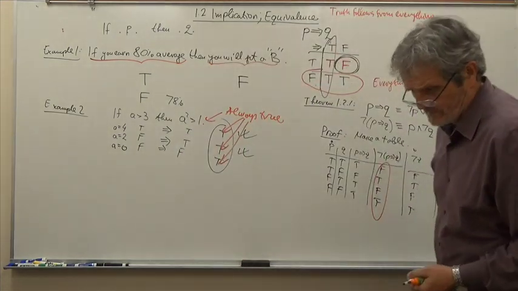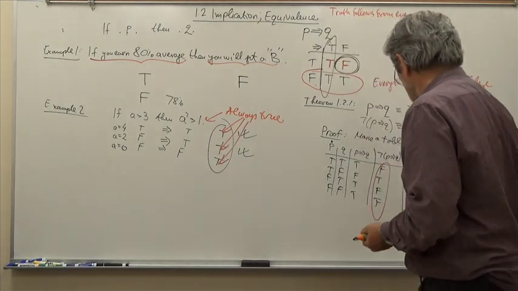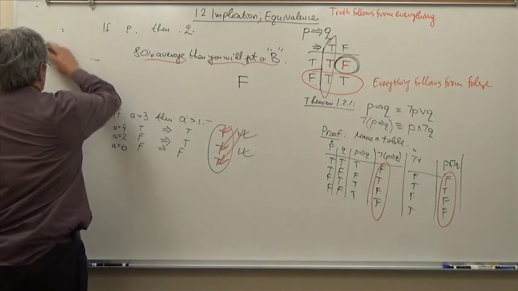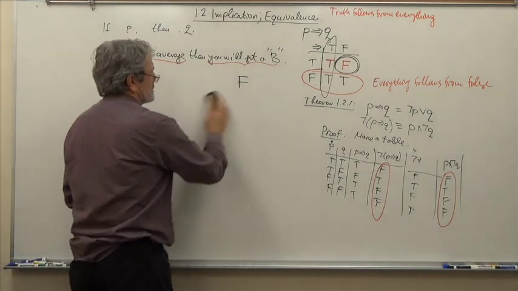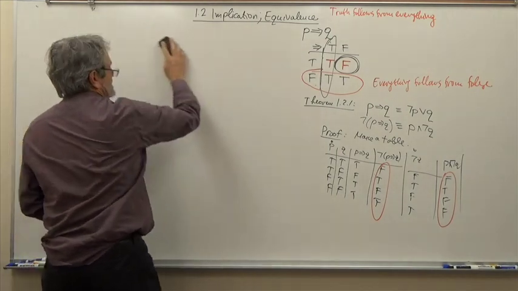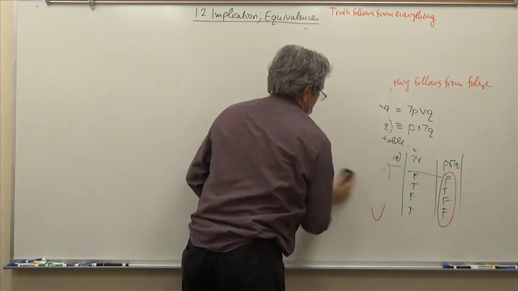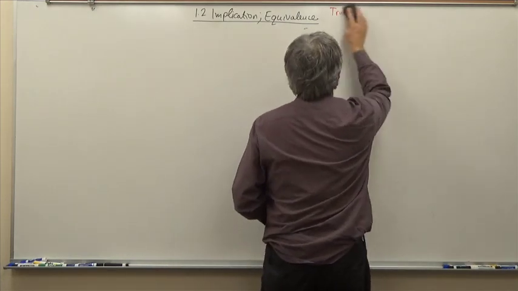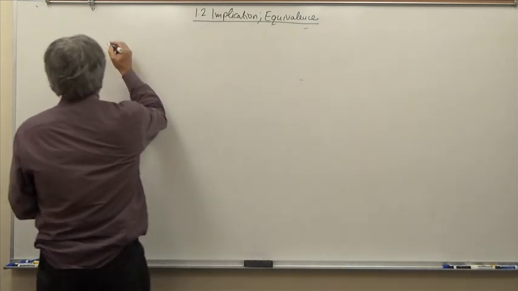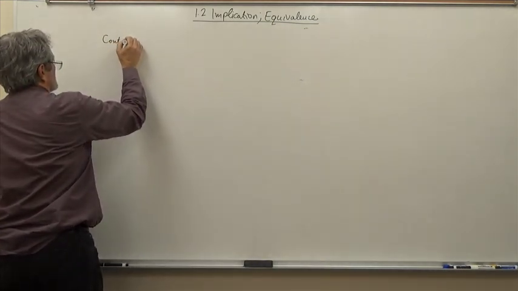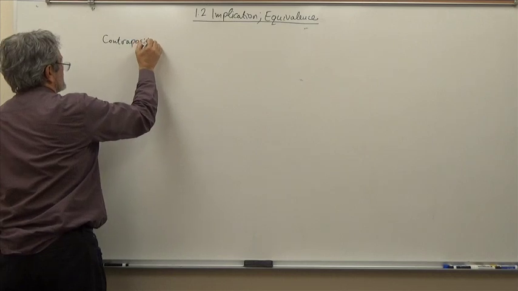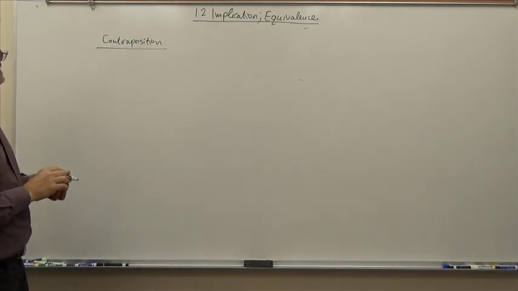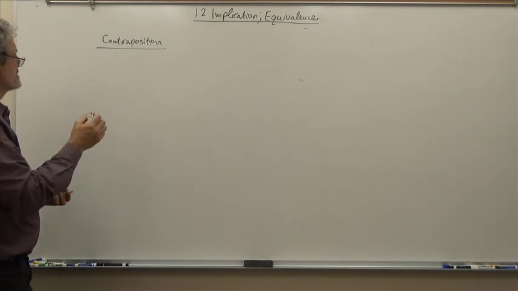One more very important theorem about the implication. Let me erase this so that we have a place to write it. That one we'll call very often. It's called contraposition. You'll see later on in the chapter that we'll use this as a method of proving.